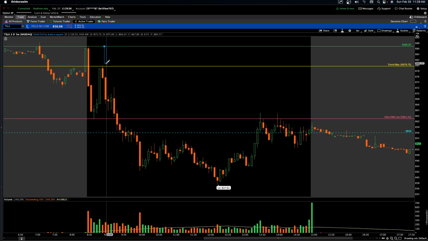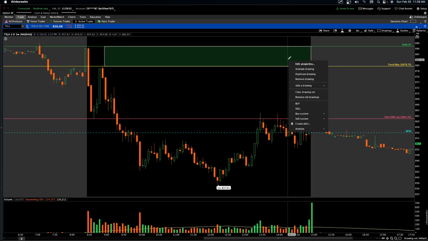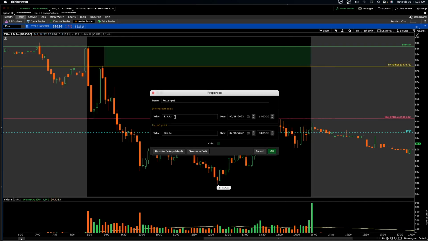And so what we do is we draw a zone here, from the ORB high to the trend bias line. 879.73 we need. It's not going to cooperate. So we're going to change these levels real quick. So 880 was 879.73 and 886.87. All right.